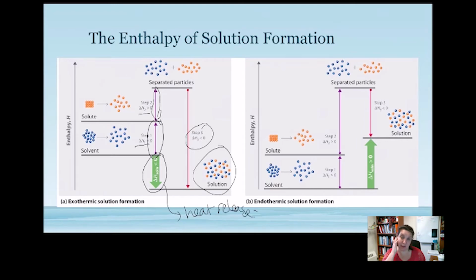In the case of an endothermic process, our endothermic processes are greater than the exothermic solution formation process, and we'll get a delta H that is positive, so heat is absorbed. And as long as this is small, we will still make a solution due to the entropy that we gain during this process. So it's a balance of energies, and we'll look a little bit more at that balance in just a minute.